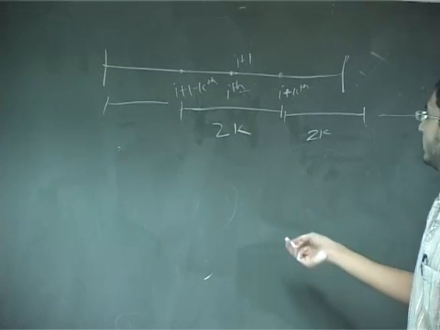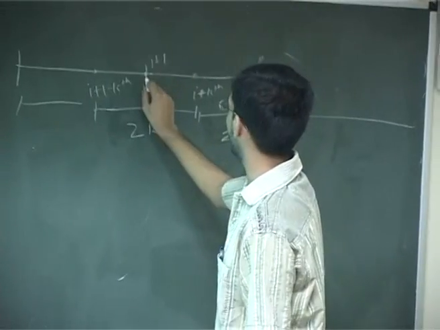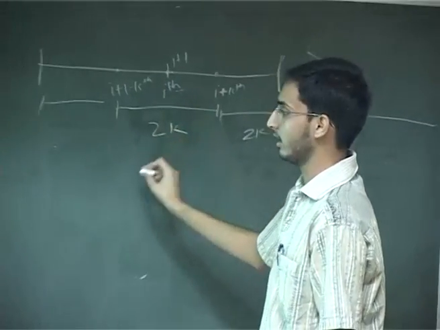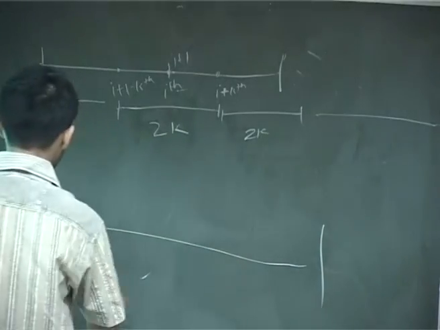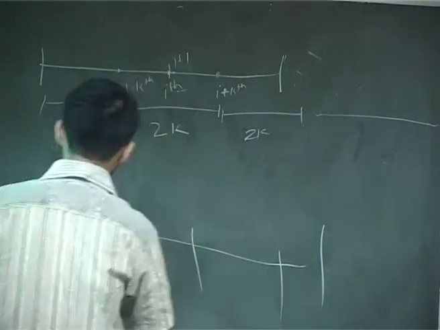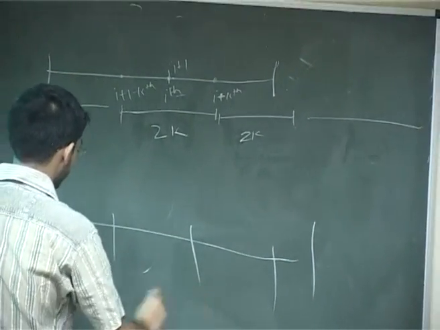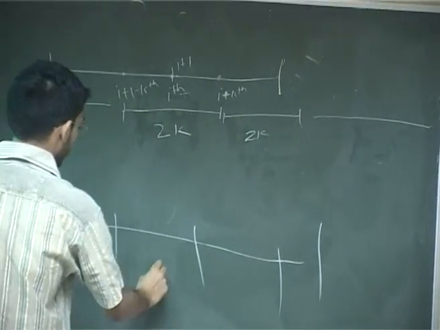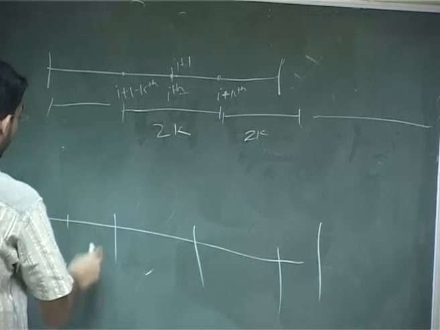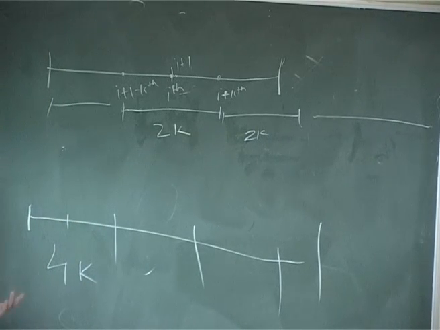So what we need to do is, given an array, divide it into sizes of 4k elements, take any element and partition around it.